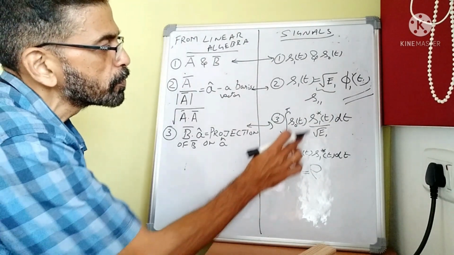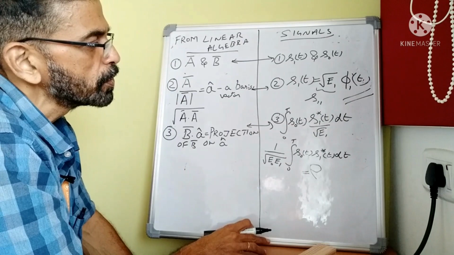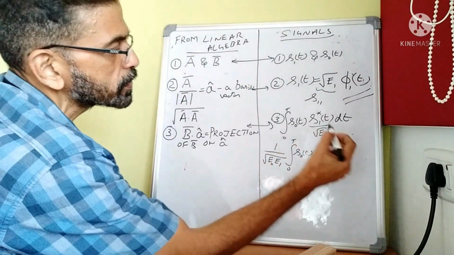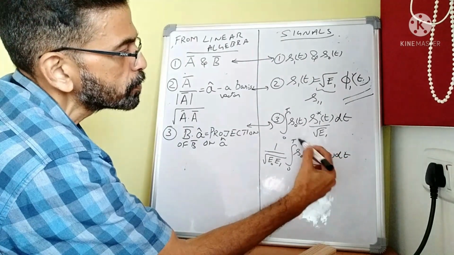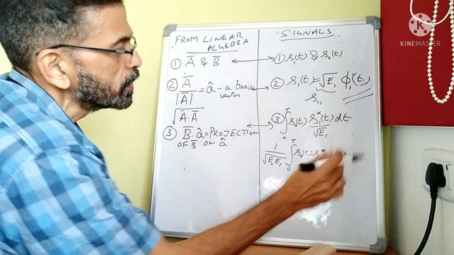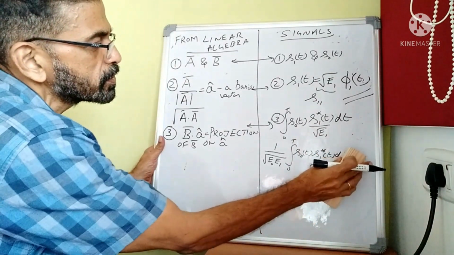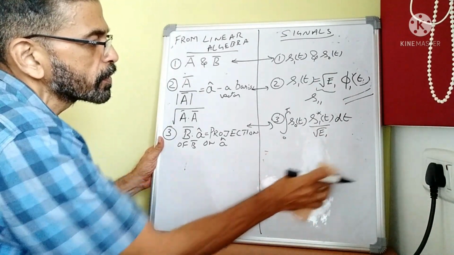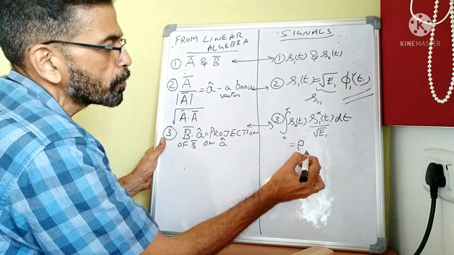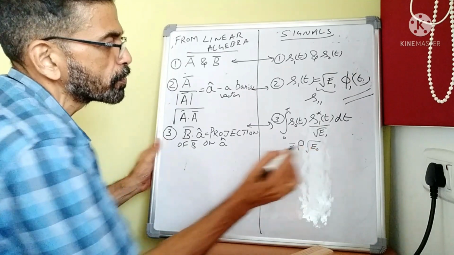Now if you compare these two, we have S0 t S1 conjugate t over root E1. Root E0 is missing, so if I introduce root E0 here, I need to put a root E0 here as well, and that means I will get this result as nothing but rho into root E0, which you can easily see.